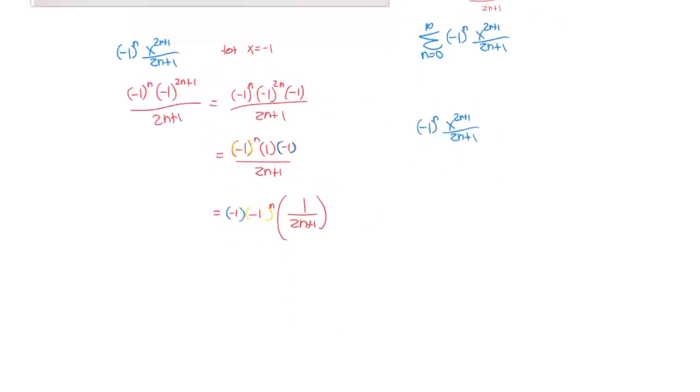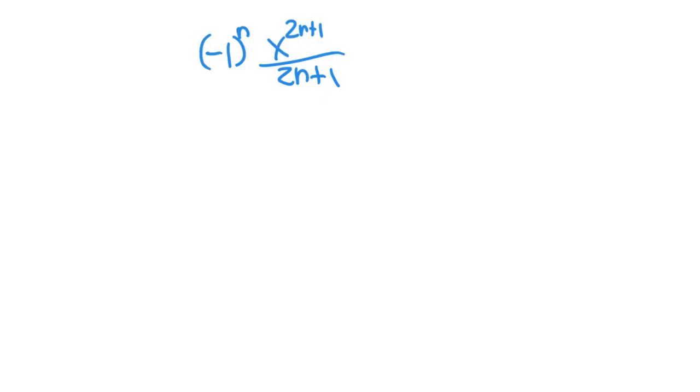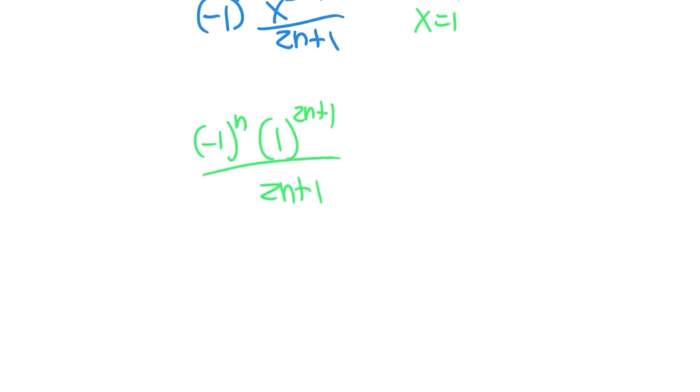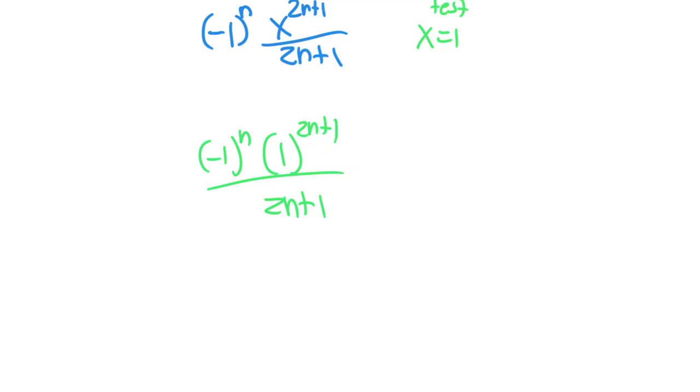So now we need to test the right endpoint, and we will be testing it when it comes to this, right? So we are now testing x equals 1, and that would be -1 to the n, times 1 to the 2n plus 1, all over 2n plus 1. Well, I have a feeling this can be a very similar situation.